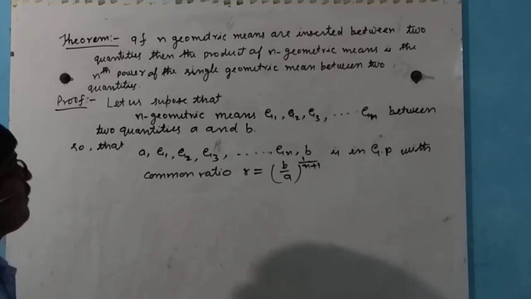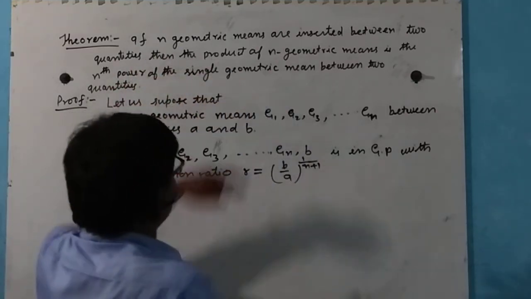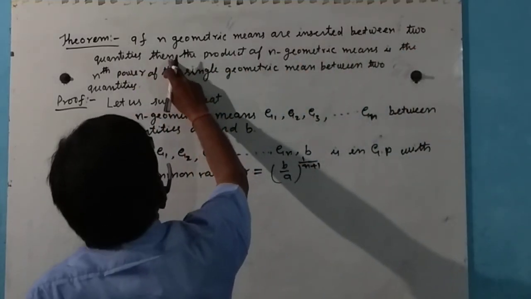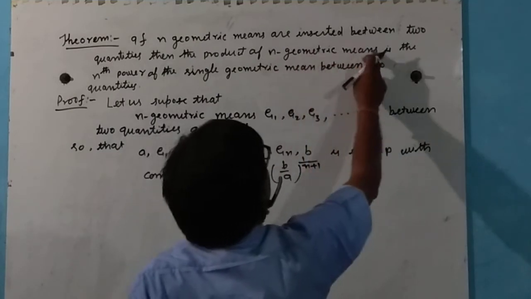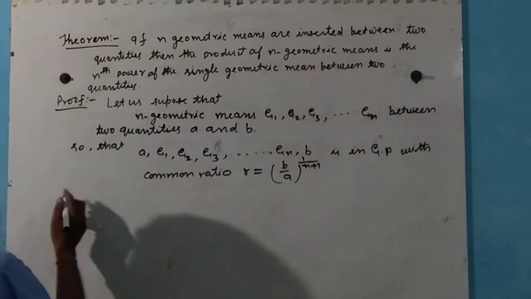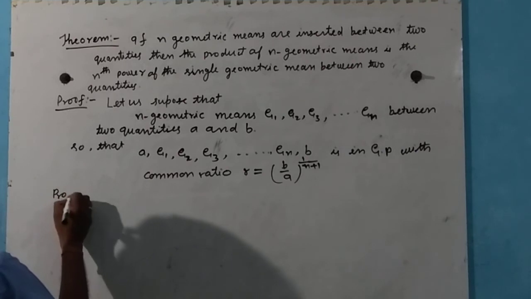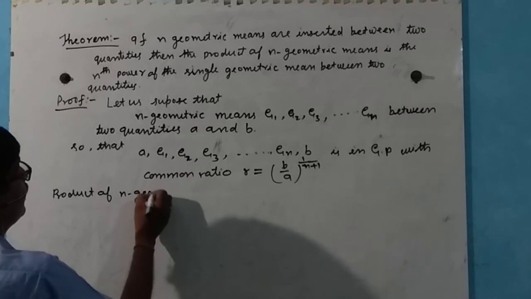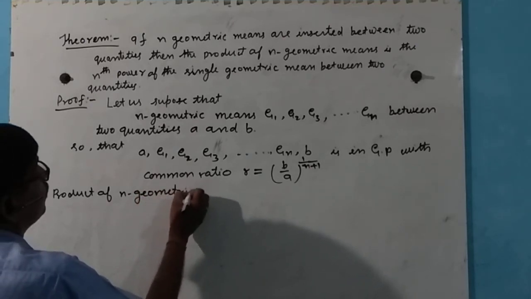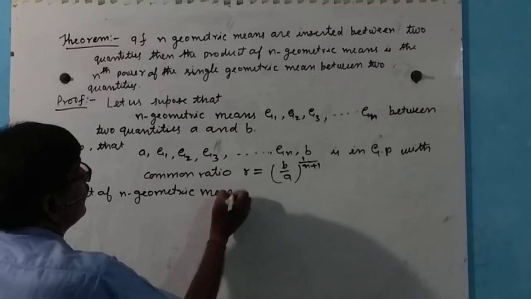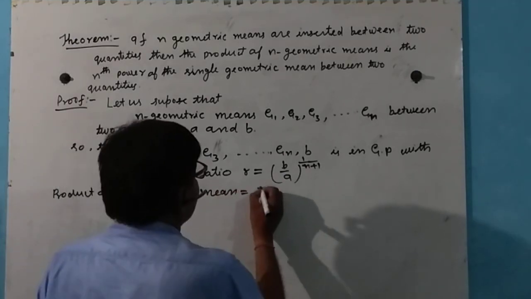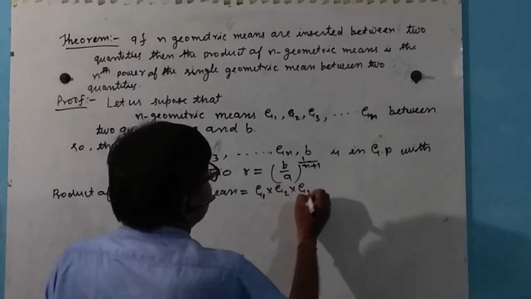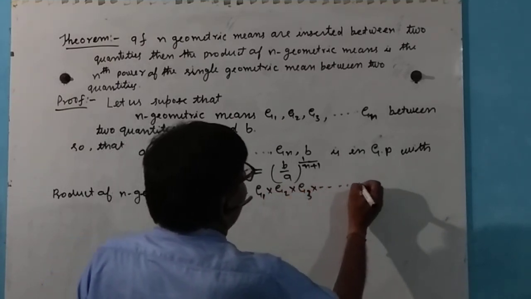Now, in this case, if n geometric means are inserted between two quantities, we calculate the product of the n geometric means, which equals g1 into g2 into g3 into ... gn.